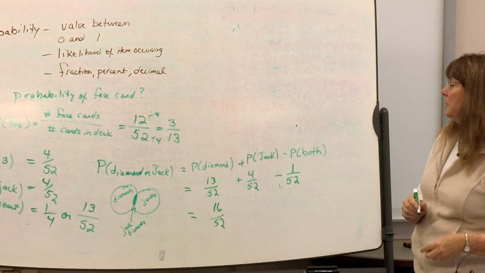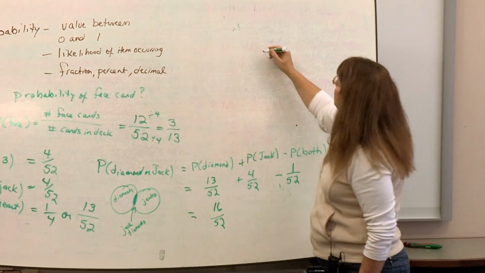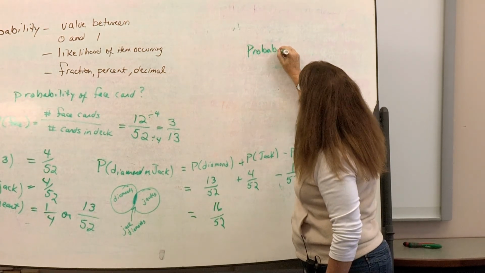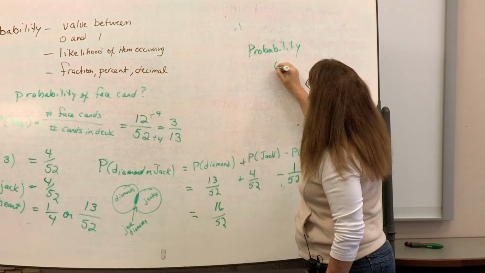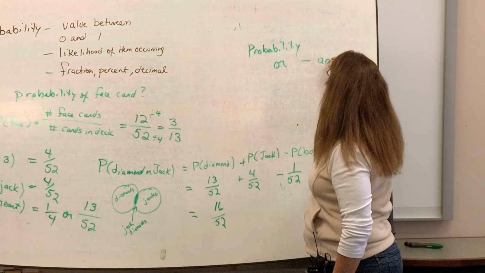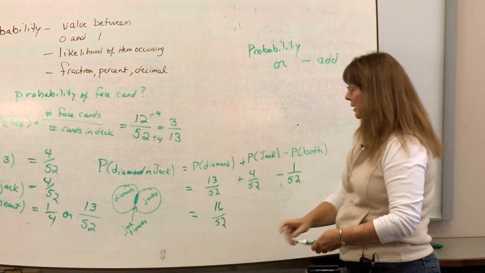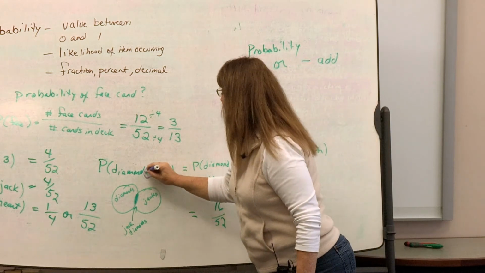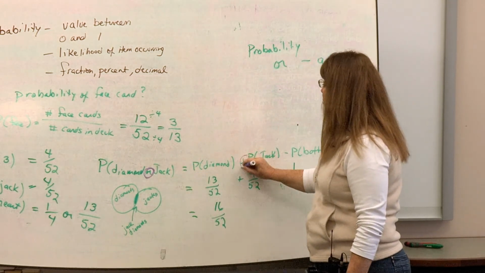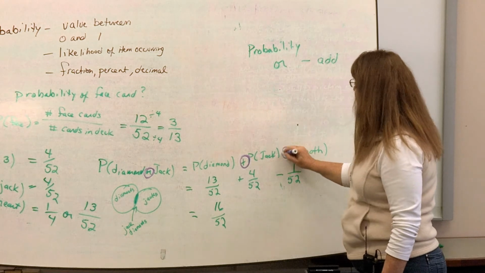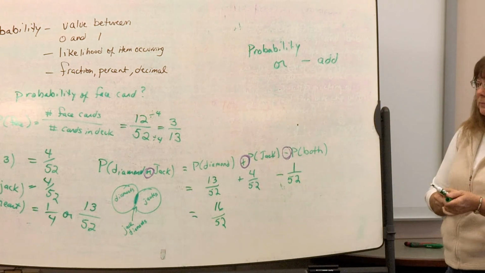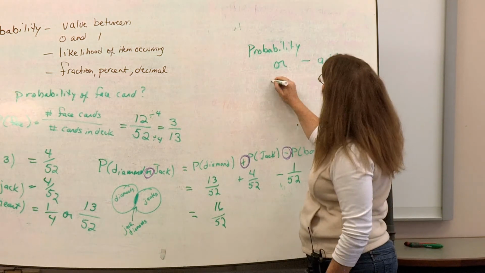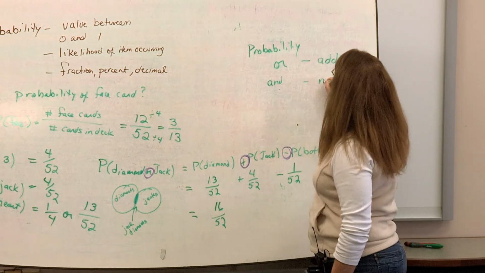One key for working with probability is if you see the word or, you're going to add. And that's what we had here. We had the word or. We had diamonds or jacks. So we had diamonds plus jacks. So it's adding and subtracting that goes on. If you see the word and, that means you're going to multiply.